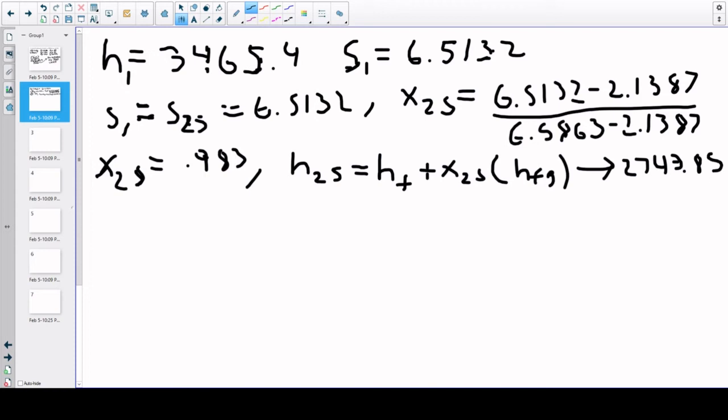And so from there, we have to solve for the actual value of H2, which is using the turbine equation. So we have our efficiency of the turbine is 0.85, and we set that equal to H1 minus H2 over H1 minus H2s.